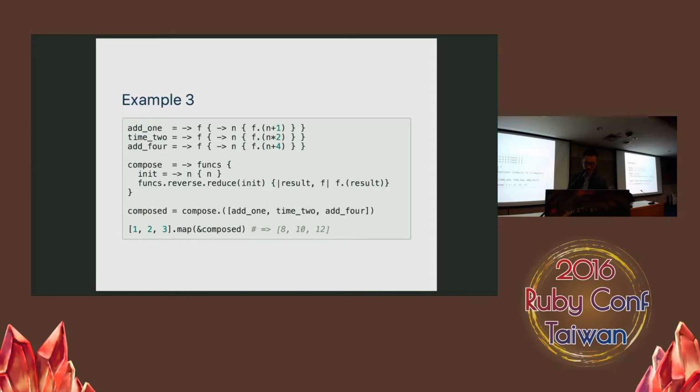So here we just use one of Ruby's magic, the reduce method. What reduce does is it takes an initial input as the first result. Then it traverses the collection and recursively computes the new result based on the operation defined in the block. And you can see that in the block, this is where the real business happens.